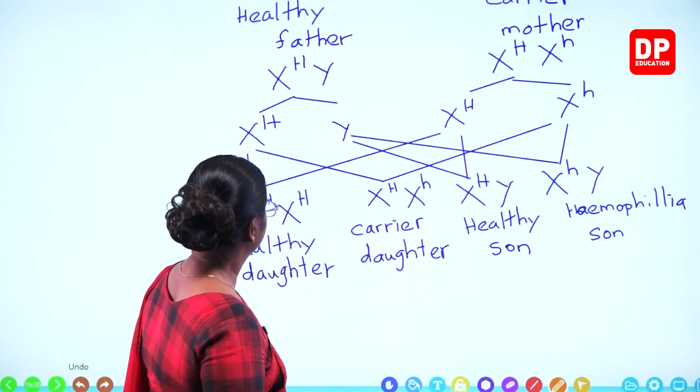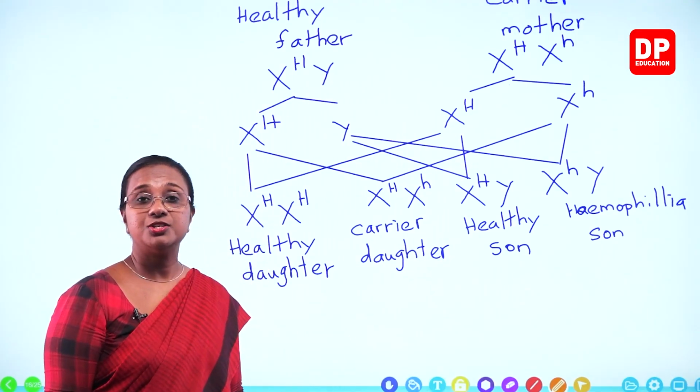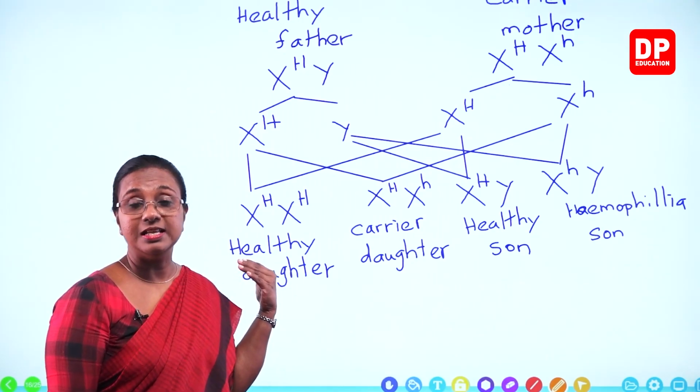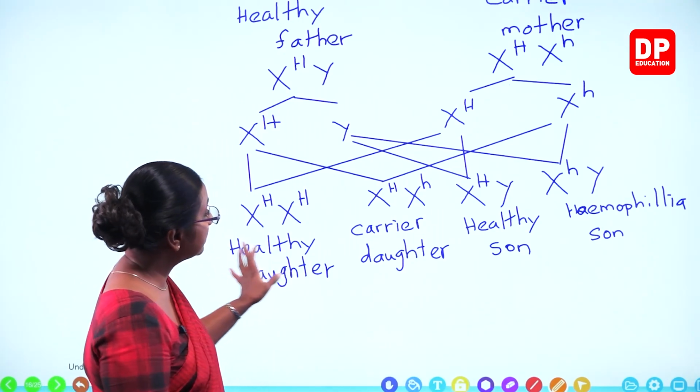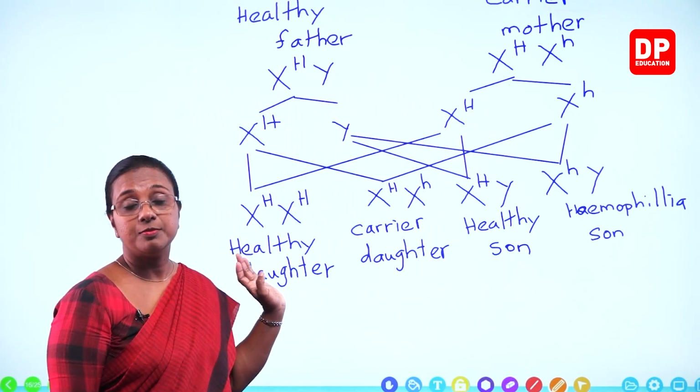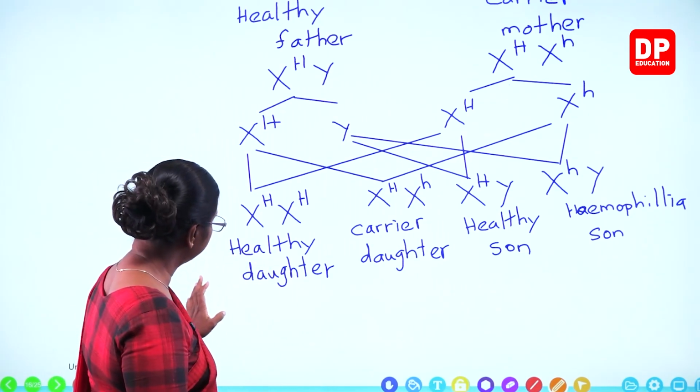Hemophilia son. So again, a different ratio, something similar to what we did in color blindness, but here the condition is hemophilia. The disease is hemophilia.